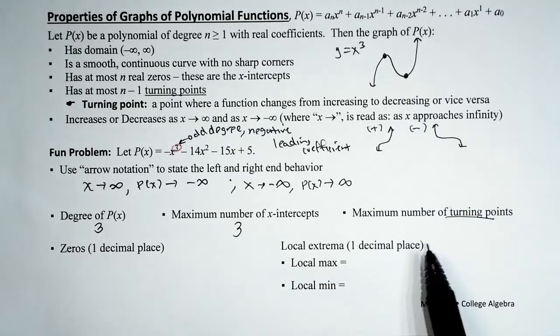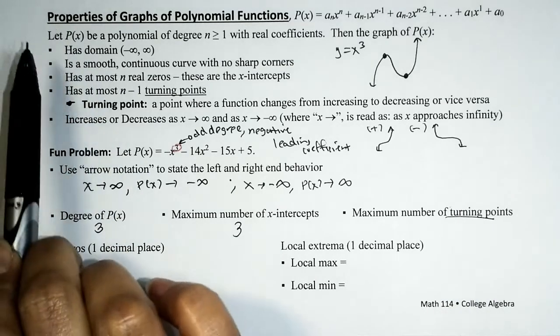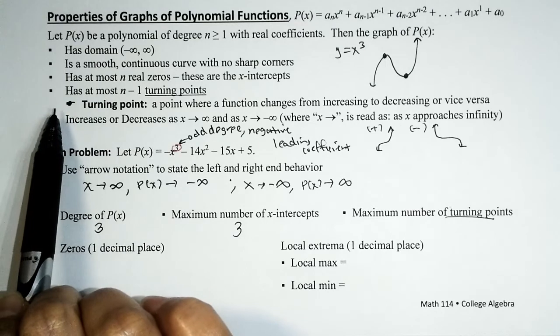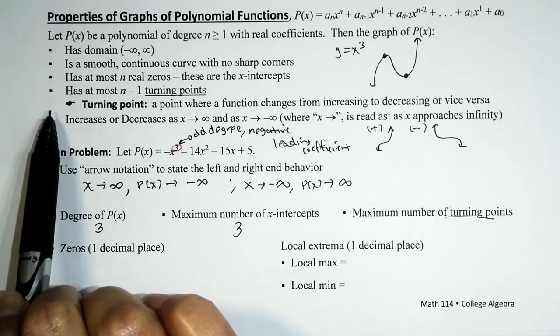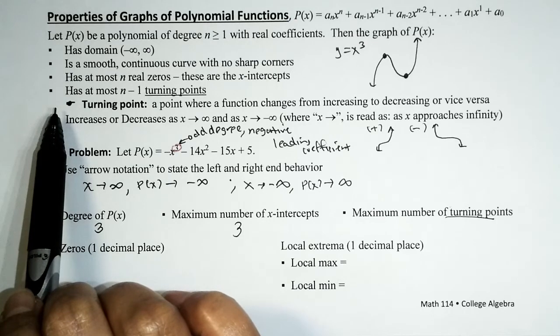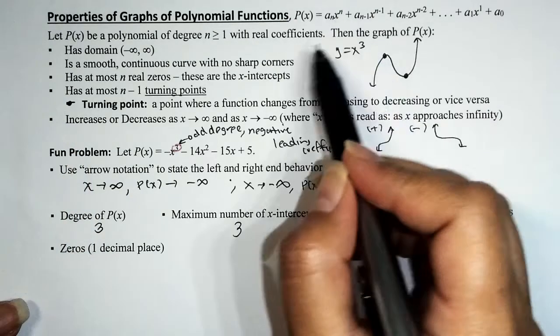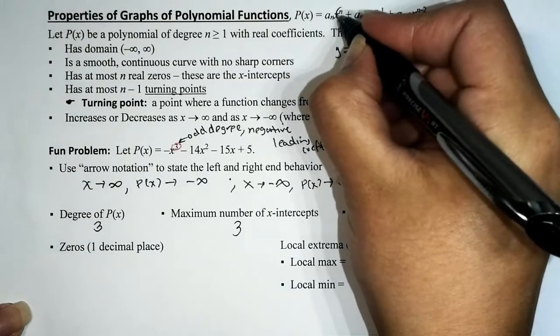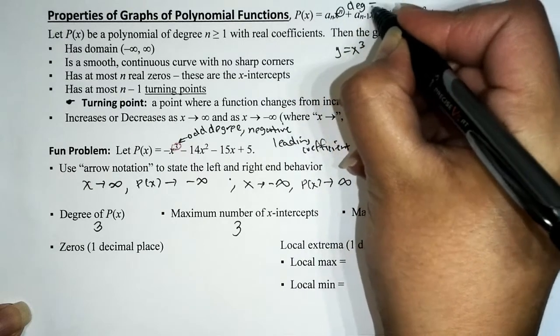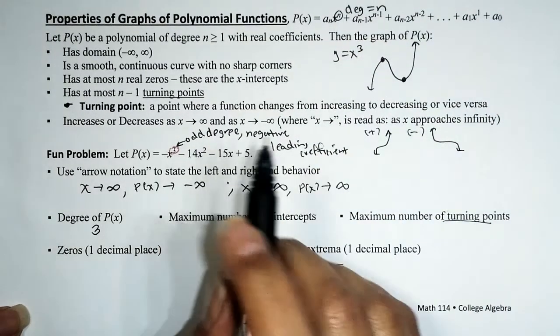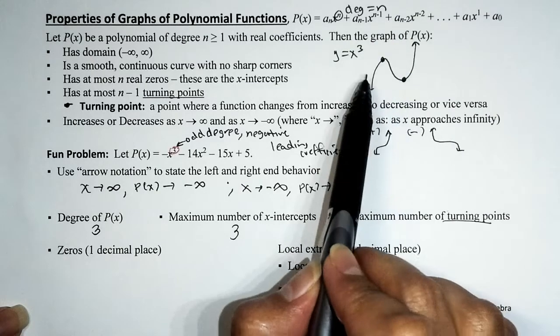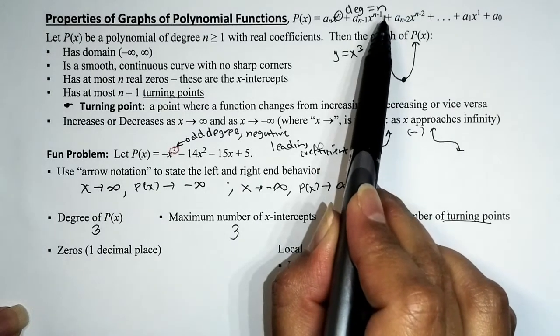Okay, so the question is, what's the maximum number of turning points? So it would have been nice if I read this segment for you, but I got a little bit excited. Now the maximum number of turning points. So if the degree is n, for this polynomial, the maximum number of turning points, or highs and lows, should be 1 less than the degree.